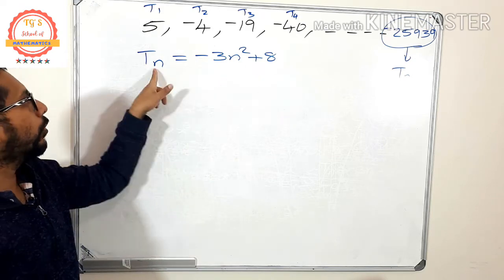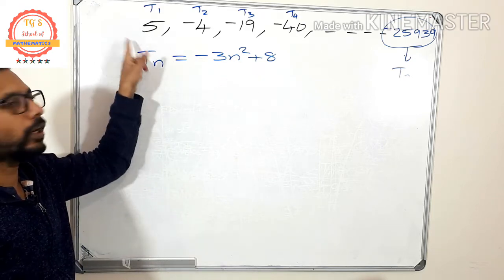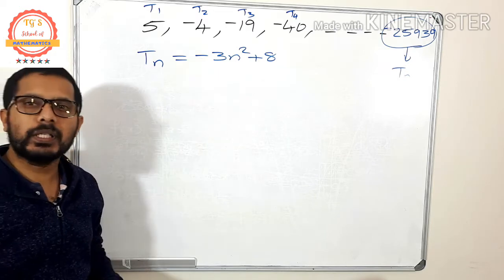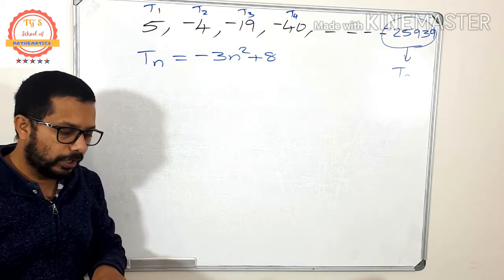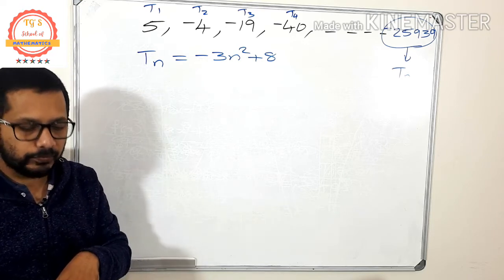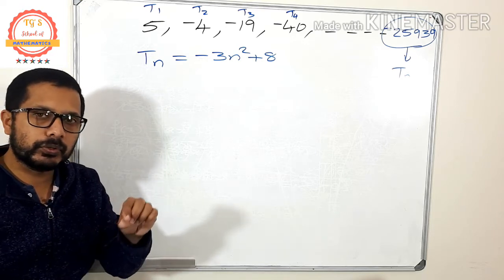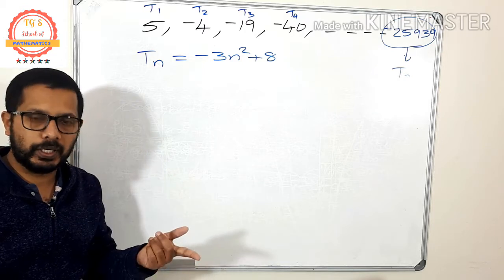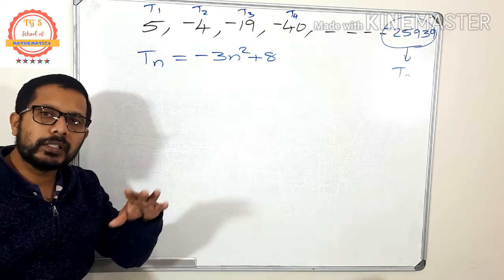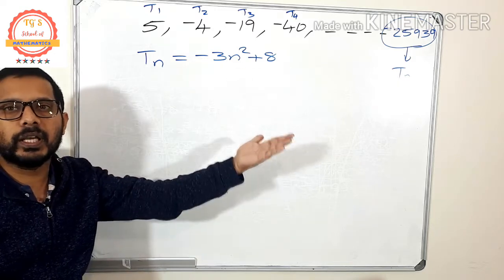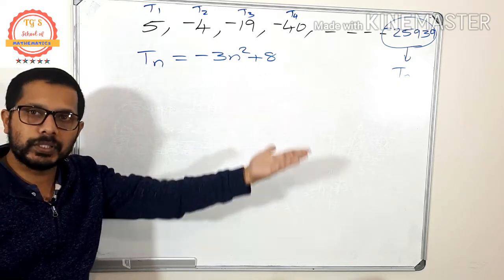The last term or the value of Tn is given as minus 25,939. So read the question once more. Which term of the pattern will be equal to minus 25,939? That means you have to find the value of n. That one is the value of Tn or nth term or the last term.